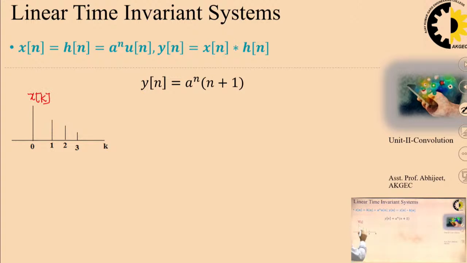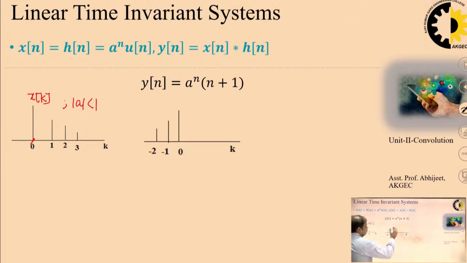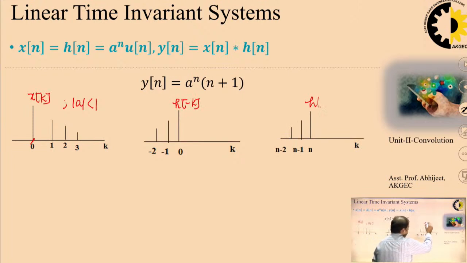So x of k, assuming that modulus of a is less than 1, will be a decreasing function, and it will start at 0, and at minus 1 the value will be 0 because of u of n. Now the second signal that is required is h of n minus k. First of all, this will be h of minus k, and if I talk about h of n minus k, it will be something like this. This will be h of n minus k.